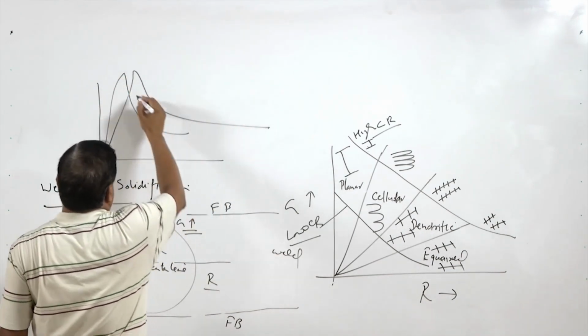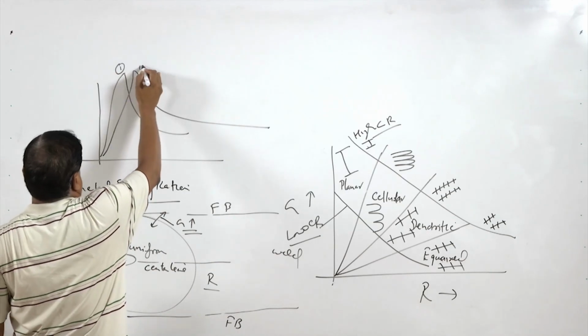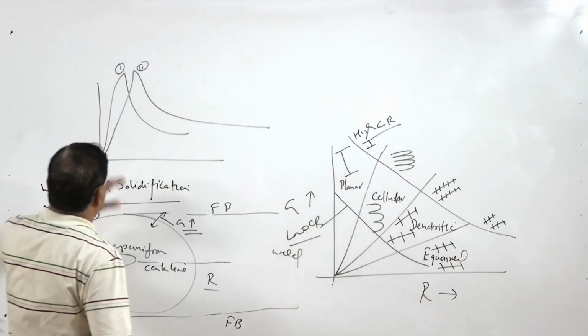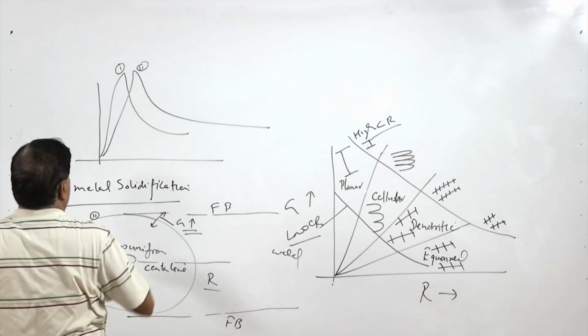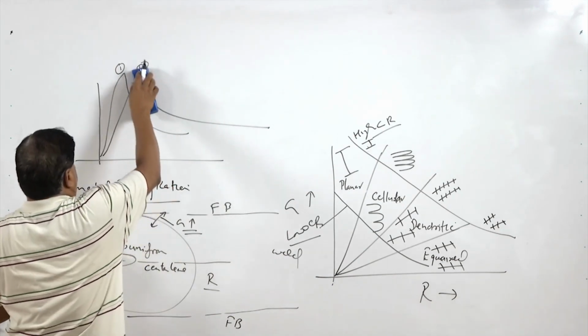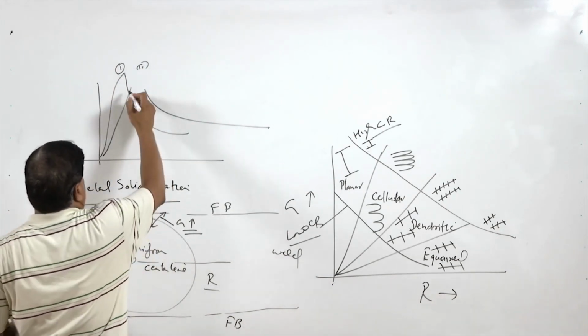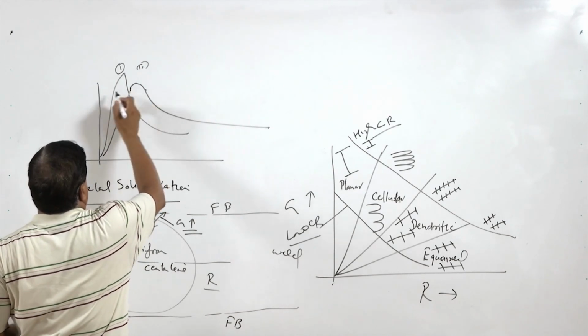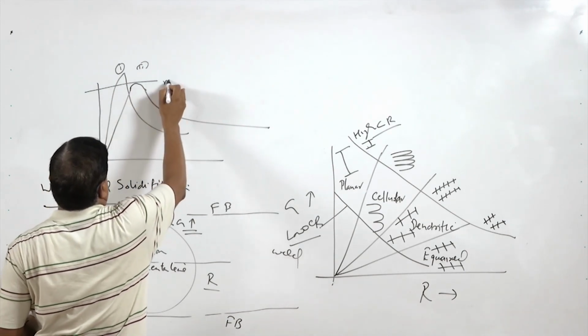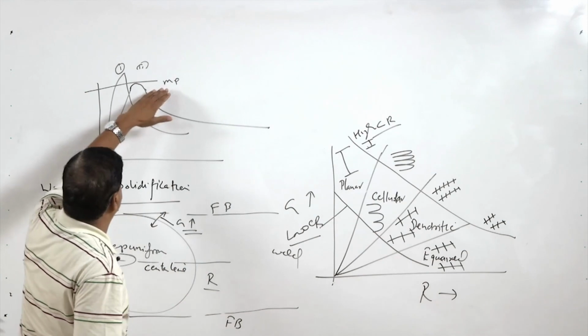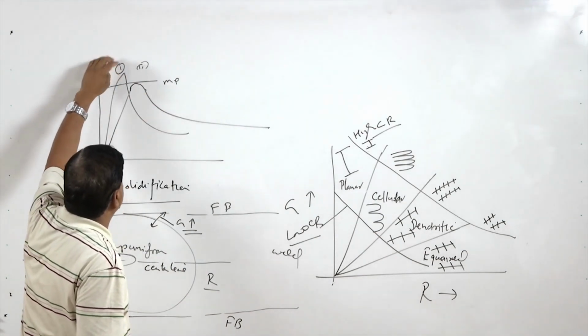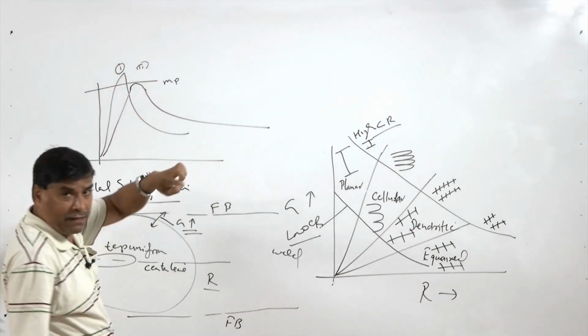The center will have a much higher temperature as compared to the fusion boundary. So here we may have it like this. This is the melting point. At the center the temperature is above the melting point and the cooling rate conditions experienced are much higher.